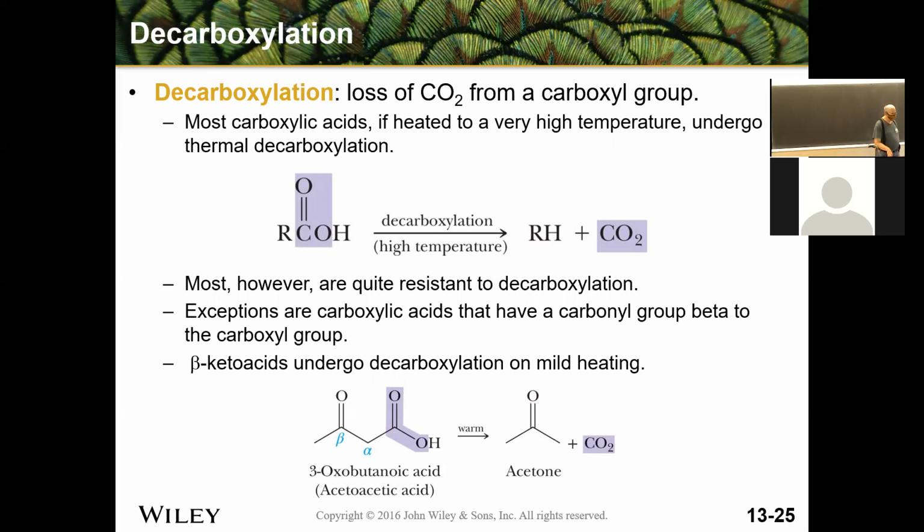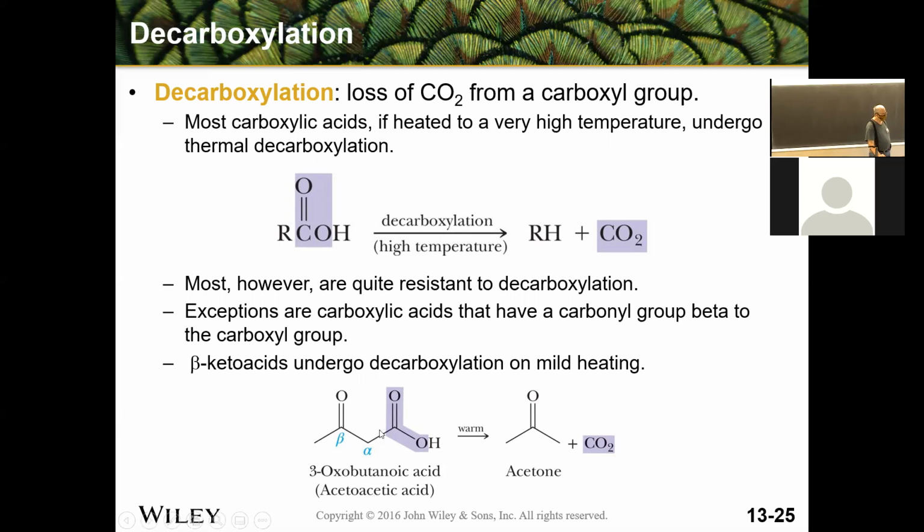Exceptions are those carboxylic acids that have a carbonyl group that is beta to the carboxyl group. That is either a ketone, as shown here, 3-oxobutanoic acid, or it could also be a carboxylic acid.